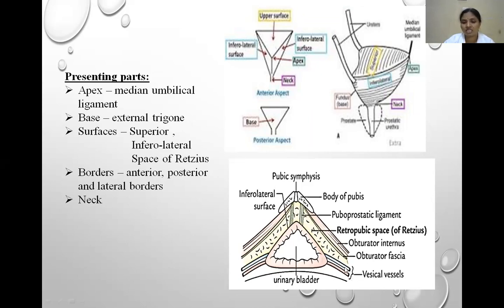This route explains in prostatic malignancy why there is vertebral deposition of this malignancy. What is that route? These vesical or prostatic plexus passing through the sacral foramina communicate with Batson's plexus. So this space of Retzius is very, very important. Maybe a 2 marks question. You have to explain what this space is, what its surgical importance is, then the boundaries of this space.